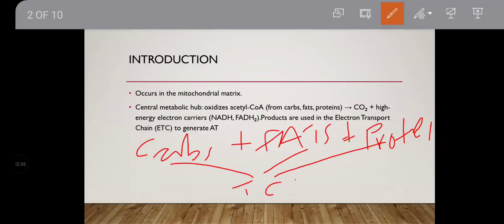All are coming to the TCA cycle. Why? Because they produce an intermediate, and sometimes some proteins can form different intermediates along the cycle itself.